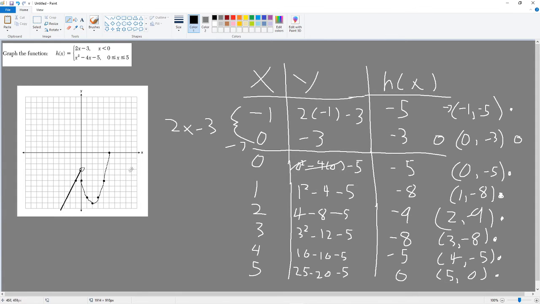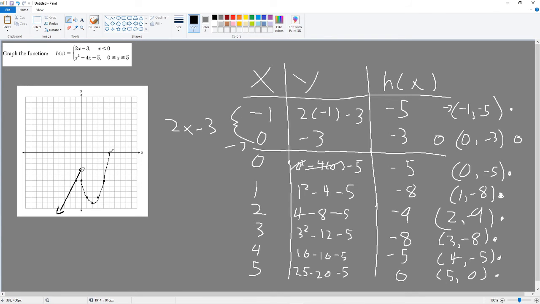Okay, so if you can see, let me show you. When x is less than 0, it's a line going on to infinity, because it's just x less than 0. But now when it's the quadratic part of the piecewise function, you stop right here.